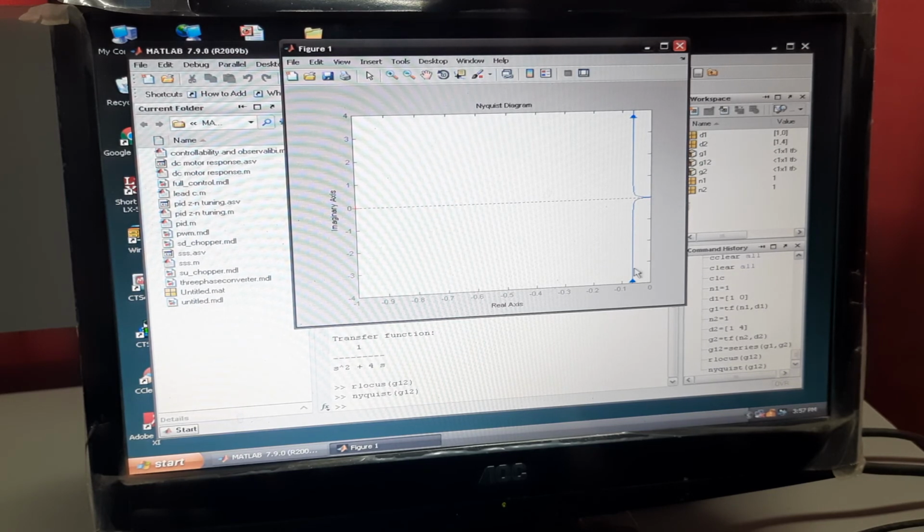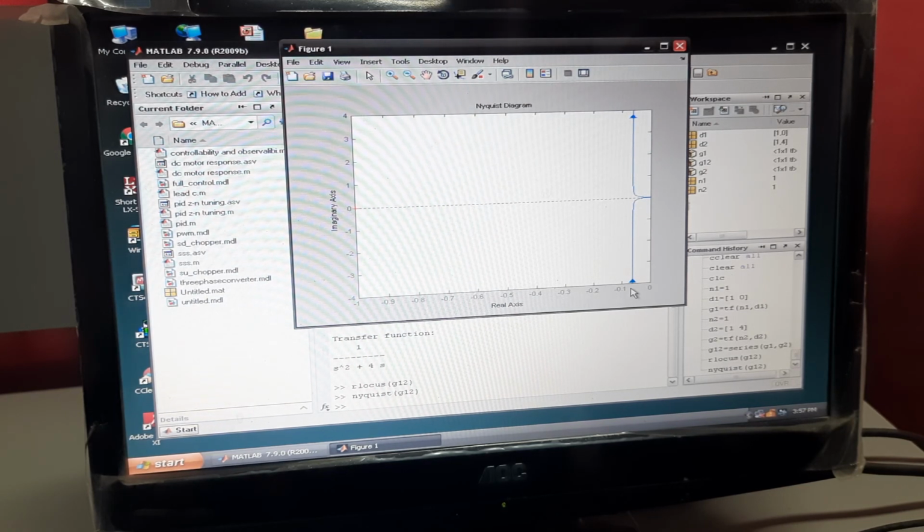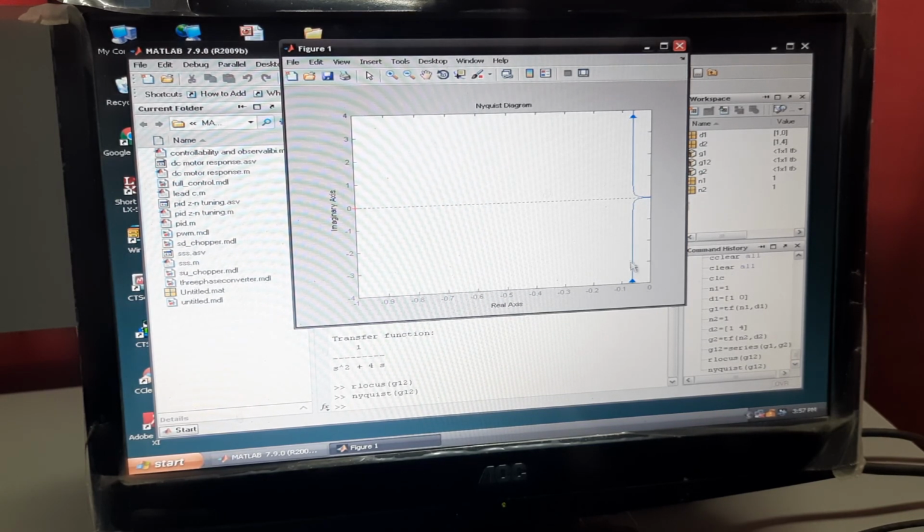We have shown only this quadrant for 1 by S square plus 4S. As we know, it is a type 1, second order system, and we have this diagram consisting of the polar plot. When you complete it, it comes under the Nyquist plot.